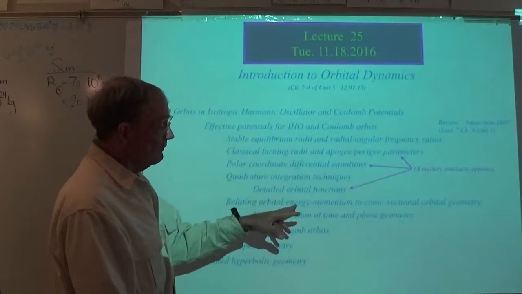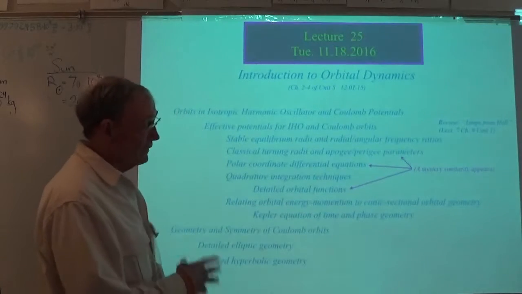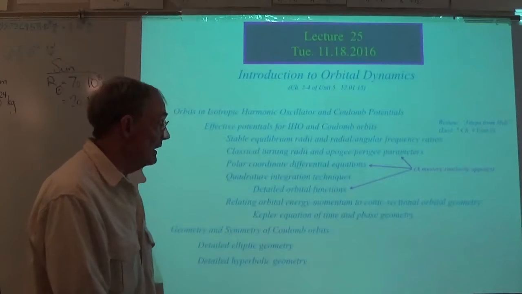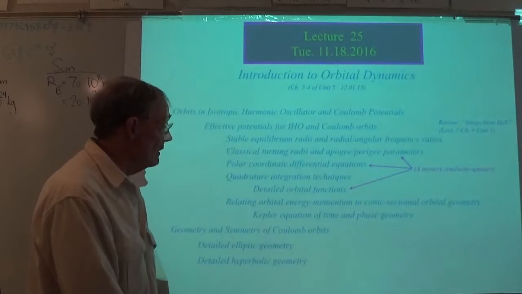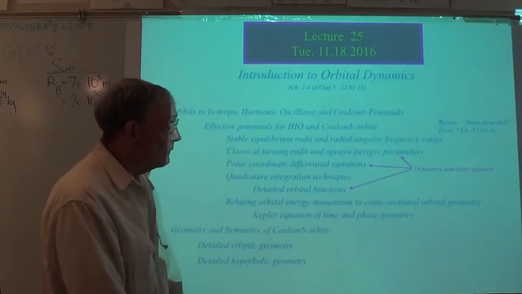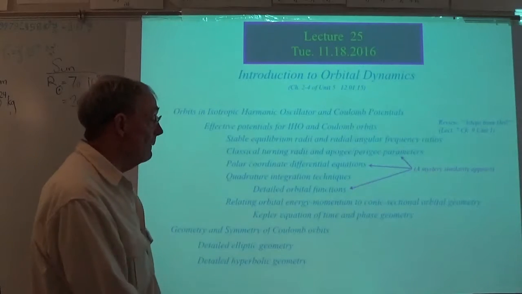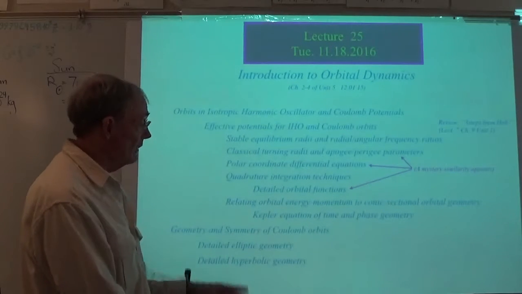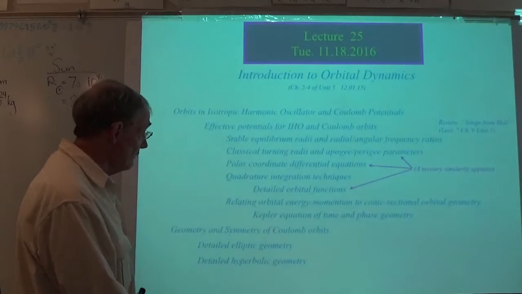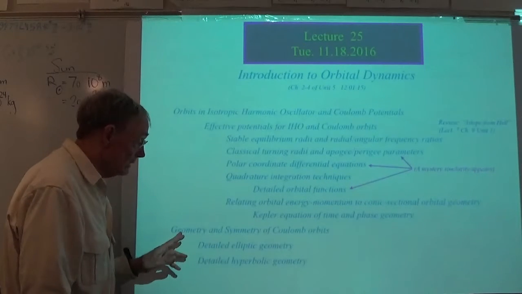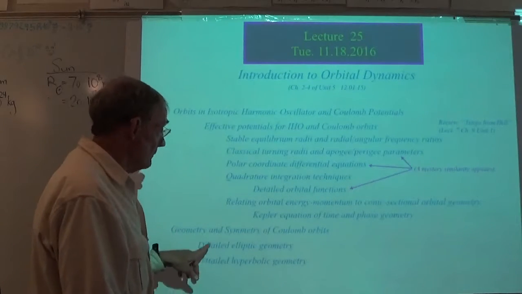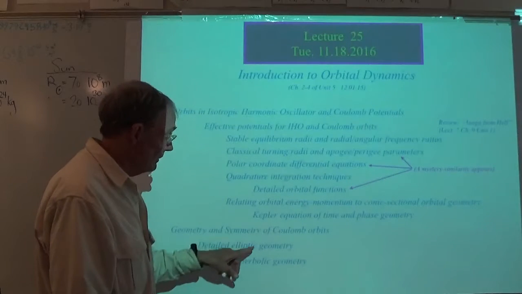Particularly for the Coulomb, the geometry involves things that we didn't spend much time on that had to do with the polar coordinates view of an ellipse, hyperbola, or the dividing line between those two, a parabola. So all of that starts to come together over here. And then if we have time, we'll take on the details of that and a little bit of the geometry.